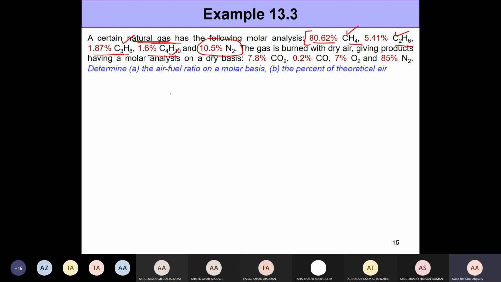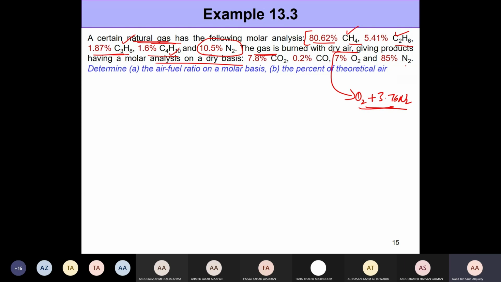Here, we are burning this natural gas with dry air, and dry air simply means oxygen plus 3.76 nitrogen.